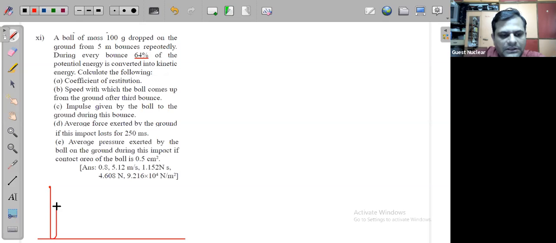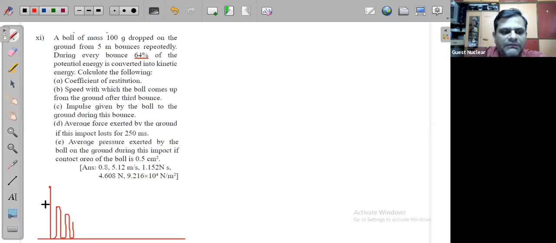It reaches another height, and then again it goes down and again returns back, like this. So every time it makes the collision, it loses some of its kinetic energy, and hence the height up to which it rises after the bounce gets decreased every time.